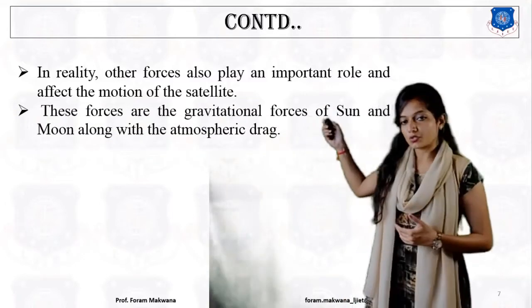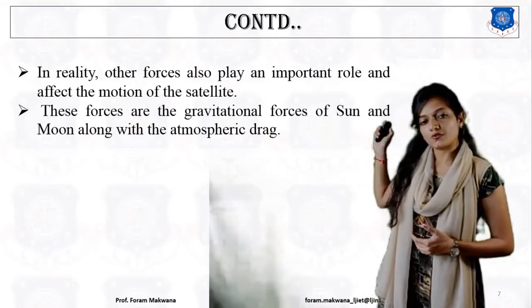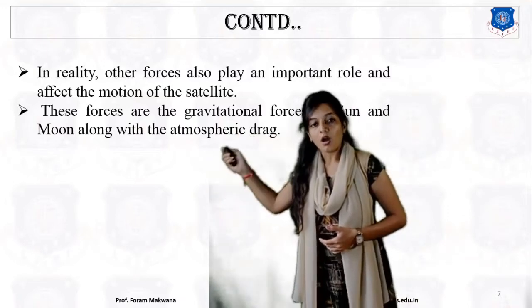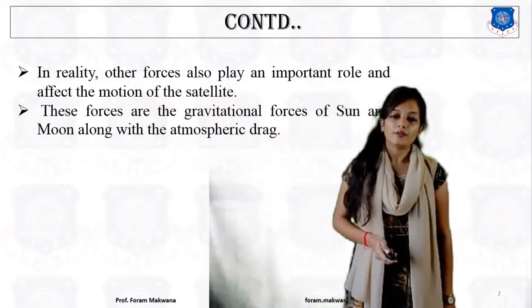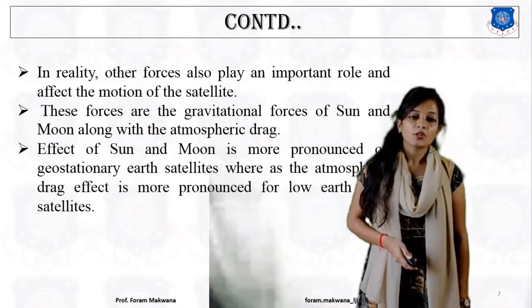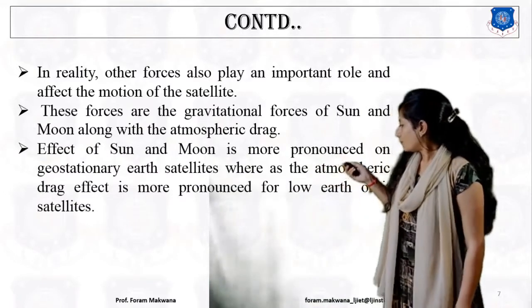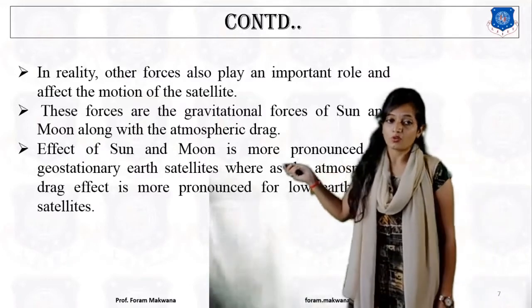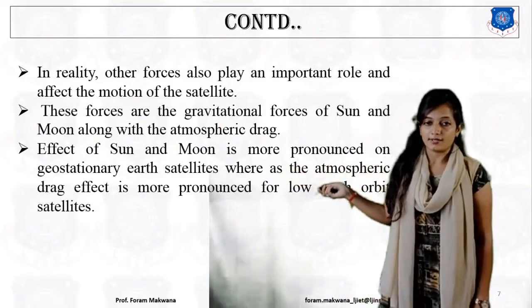Alright, so these forces are the gravitational force of Sun and Moon along with the atmospheric drag. The effect of the gravitational force of Sun and Moon is more pronounced on the geostationary Earth satellite. Why?